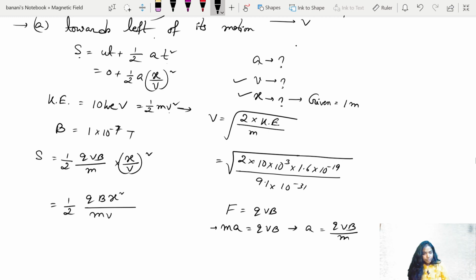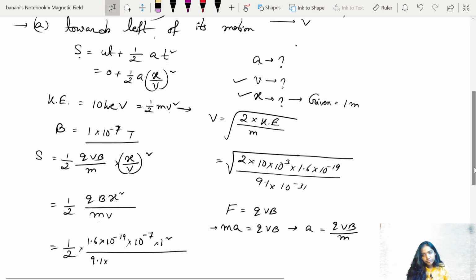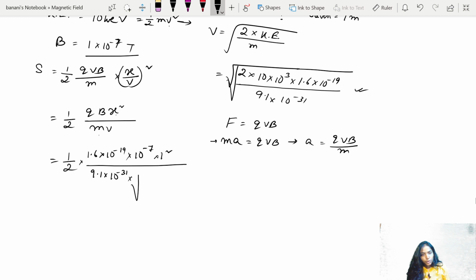We can put the values: half into the charge of the electron, 1.6 into 10 to the power of minus 19, B is given as 10 to the power of minus 7, x is 1 meter so 1 square, divided by the mass of the electron, 9.1 into 10 to the power of minus 31, into v. v is the value of this, root under 2 into 10 into 10 cube into 1.6 into 10 to the power of minus 19 divided by 9.1 into 10 to the power of minus 31.